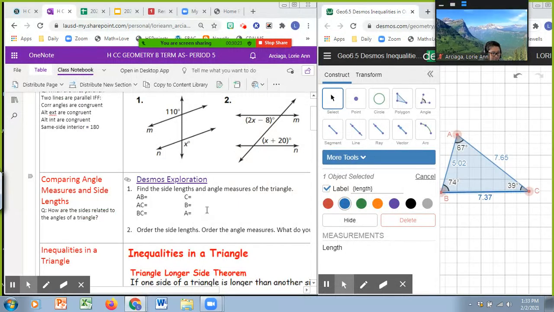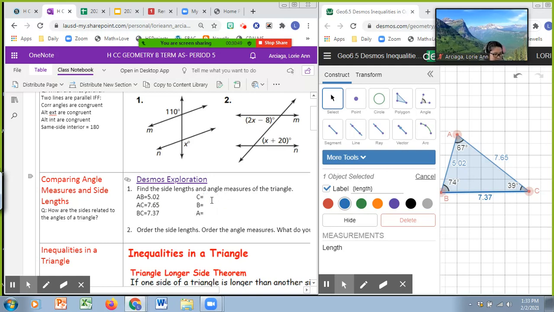We have to copy this here. So AB is 5.02. AC is 7.65. Then BC is 7.37.